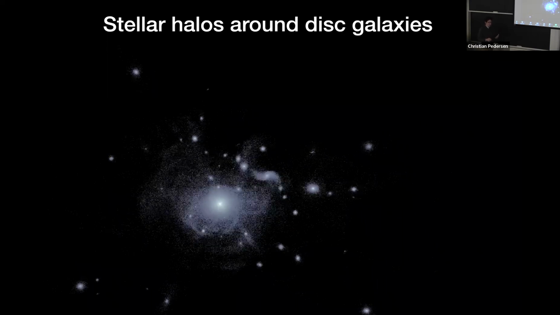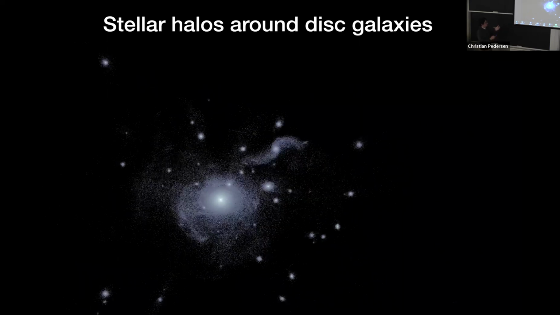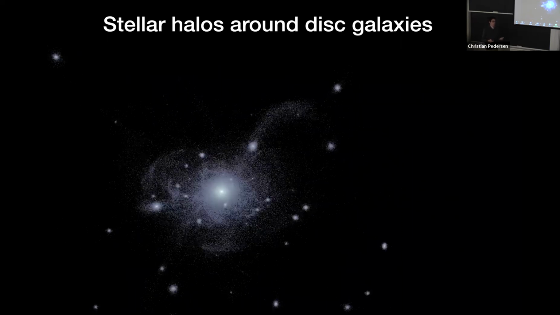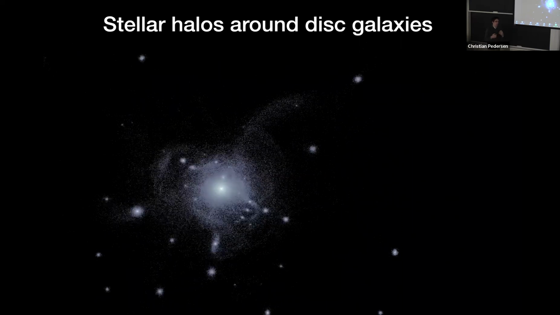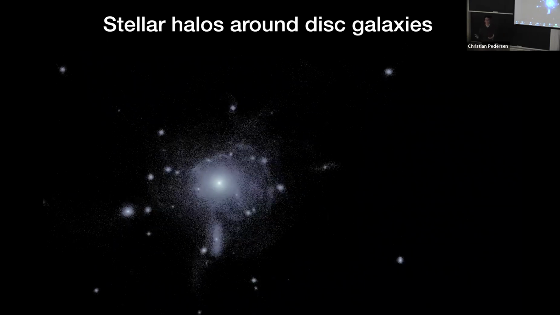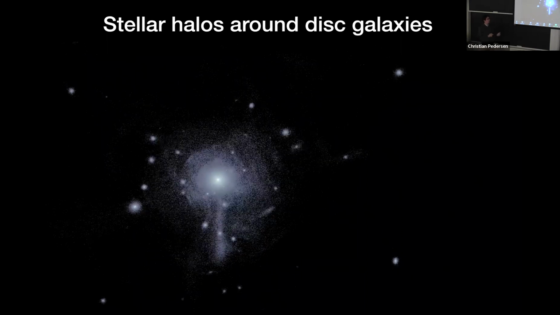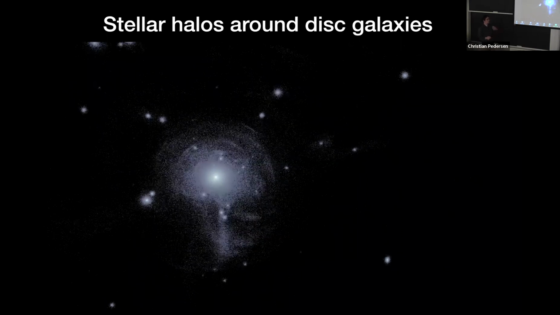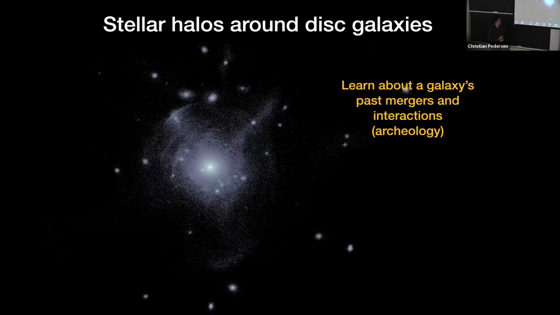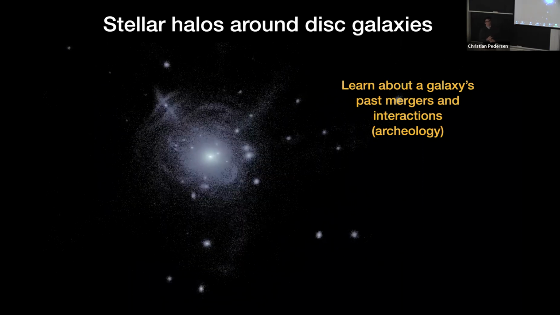And basically, all this halo of stars, this diffuse halo of stars, encodes an enormous amount of information about the past history of the galaxy, in particular because the dynamical times are very long. So there's a lot of memory that stays in the halo compared to the central galaxy. And so how big is this halo relative to the... It can be as big as the dark matter halo.